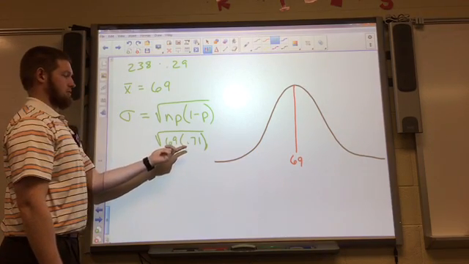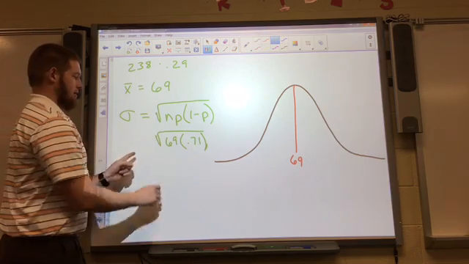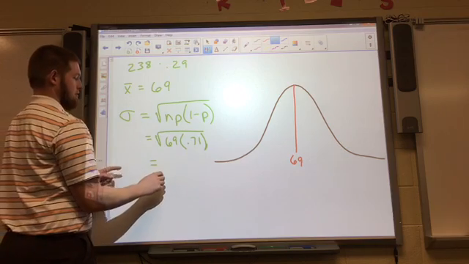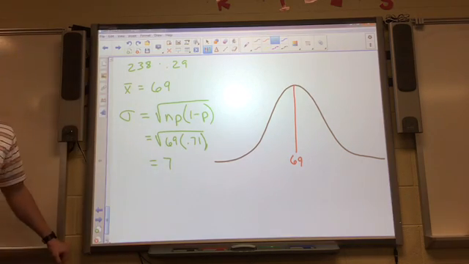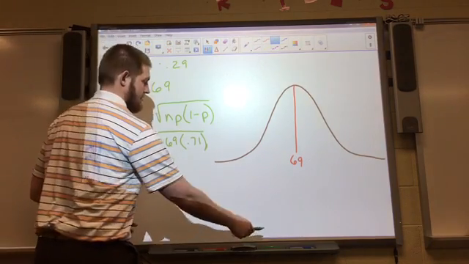Well, 69 times 0.71 is, and then square root of that. Basically 7, right? Okay, so my standard deviation is basically 7. You guys agree with that?